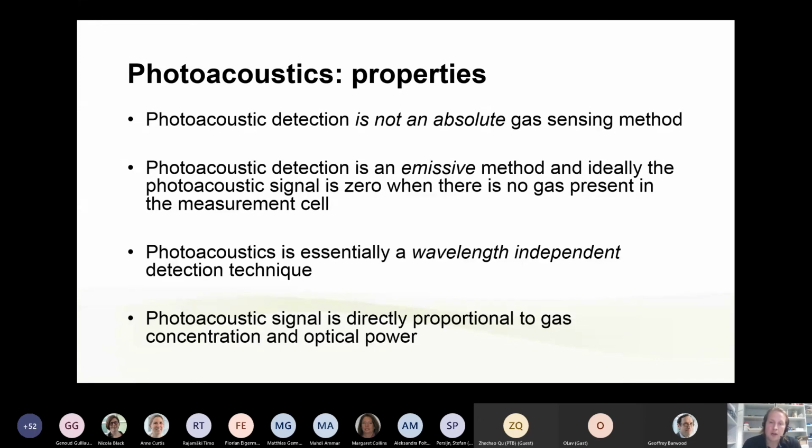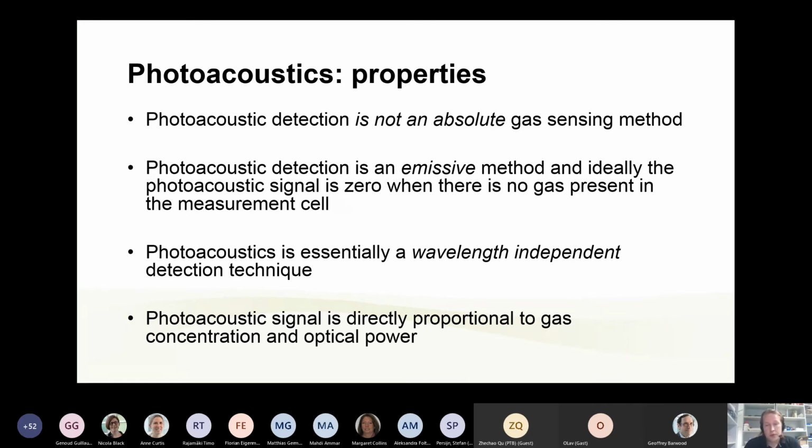Those are unwanted background signals, but fortunately there are ways to combat this. Methods such as wavelength modulation absorption spectroscopy quite effectively eliminate such background signals, and the actual measurement is very close to being truly emissive, also in practice and not just in theory.